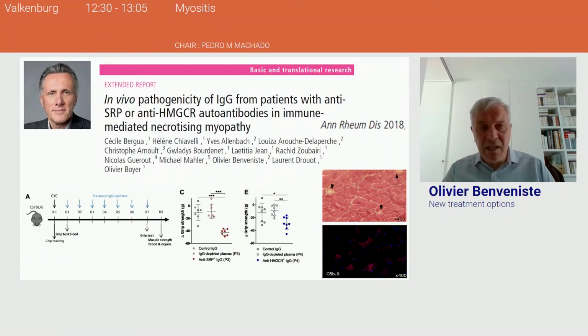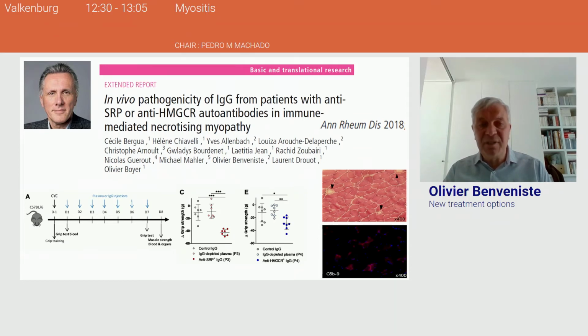in fact, the deposits of the immune complex, anti-SRP or anti-HMG-CR, activate the classical pathway of the complement. And Olivier Boyer, who is an immunologist in Rouen, performed some in vivo experiments. This time he performed a passive transfer of anti-SRP or anti-HMG-CR coming from plasmapheresis of patients to mice.